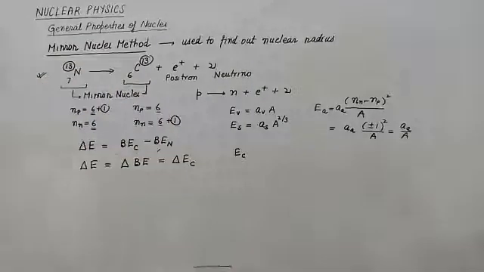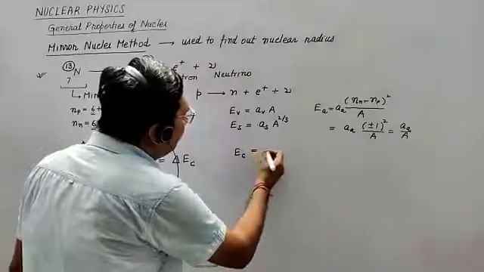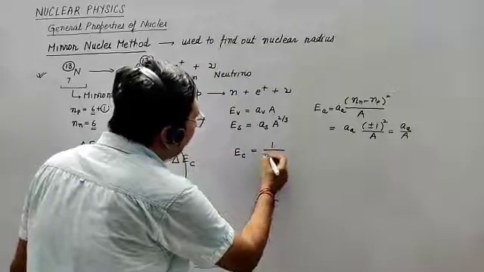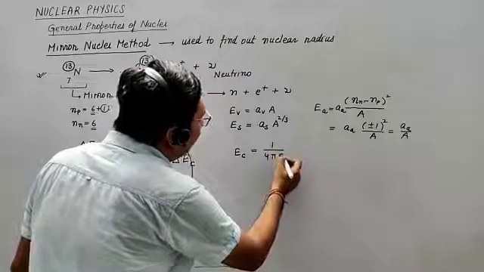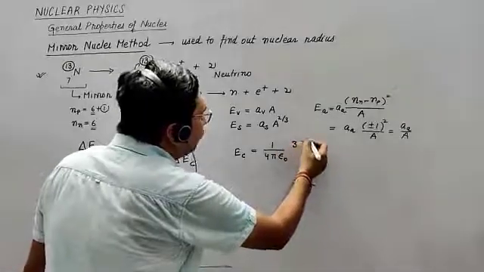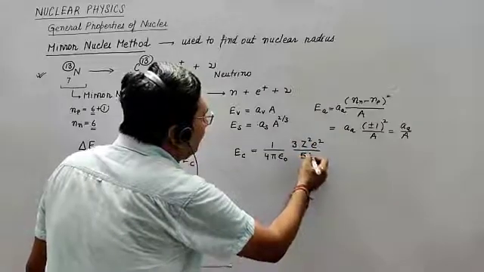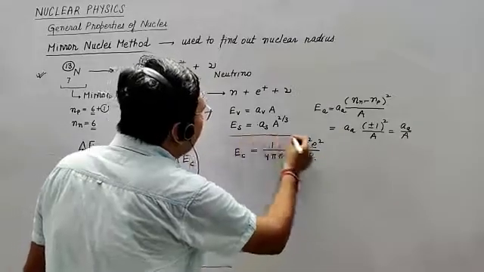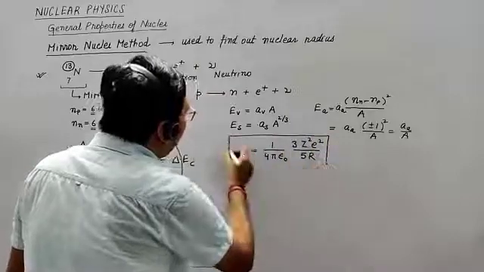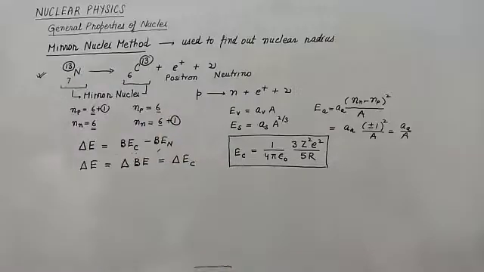This is equal to 1 upon 4 pi epsilon naught times 3 Z square E square upon 5R. This is the expression of Coulomb energy for any nuclei.